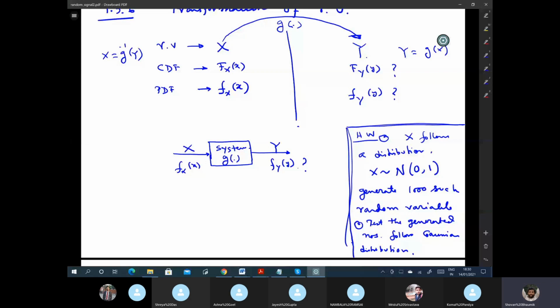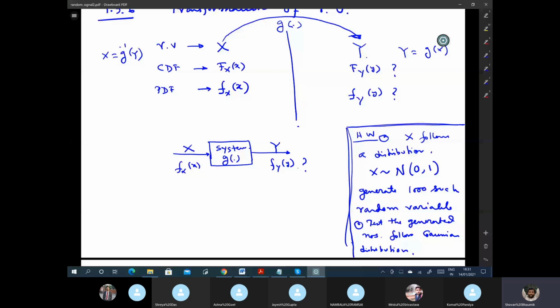How do you do it? There are some tests you can do, the Gaussianity test, the chi-square test and others. You can test and tell me that this is following the Gaussian distribution with this much confidence. So you do these two homeworks.